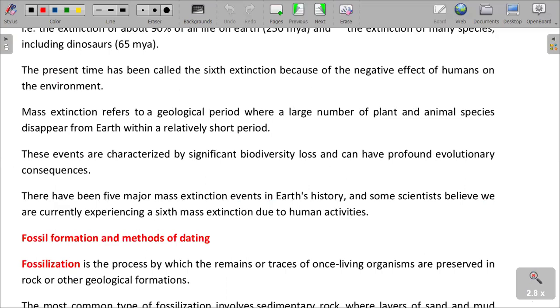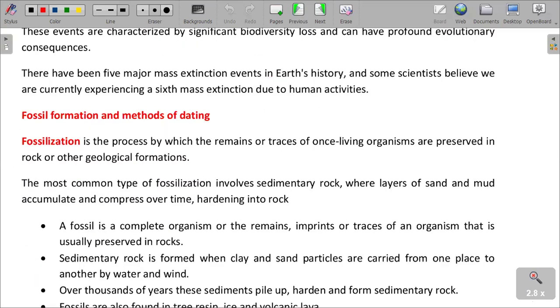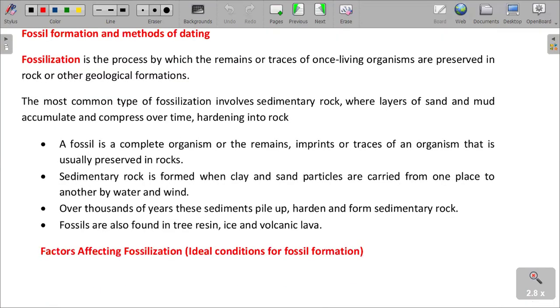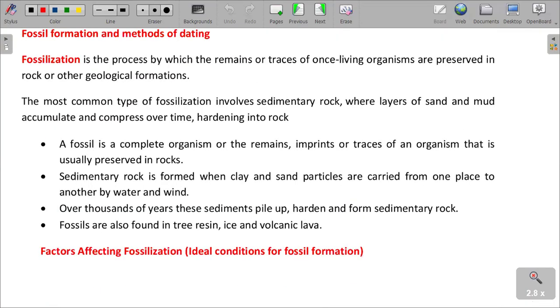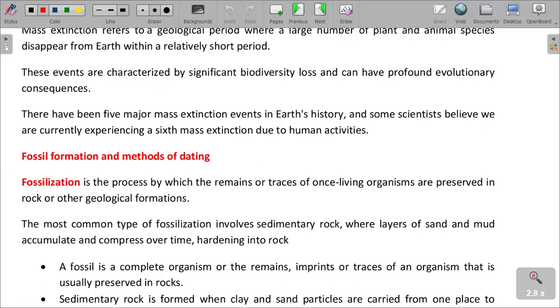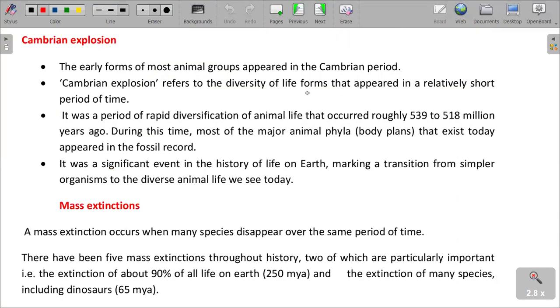Characteristics of mass extinction, formation of fossils and methods of dating of fossils, fossilization. I'm sure that in your syllabus it's quite important that you understand factors affecting fossilization and ideal conditions for formation of fossils. We are going to discuss these in depth.